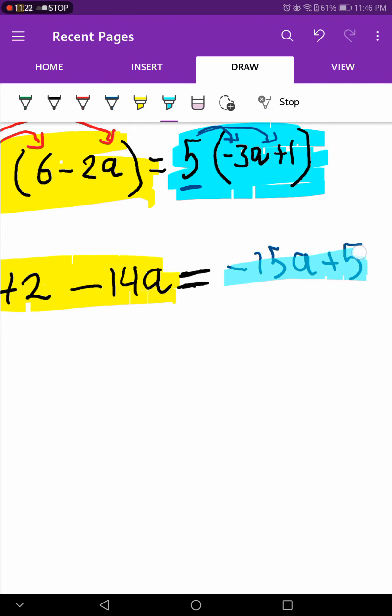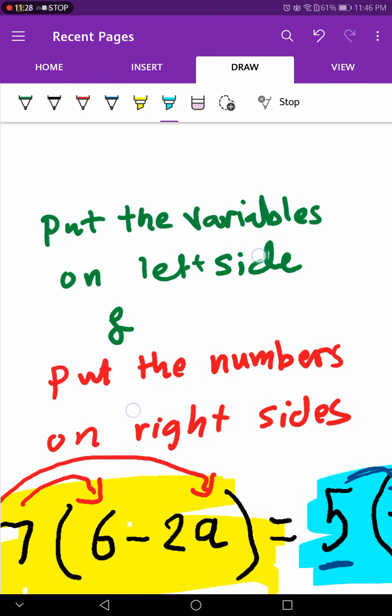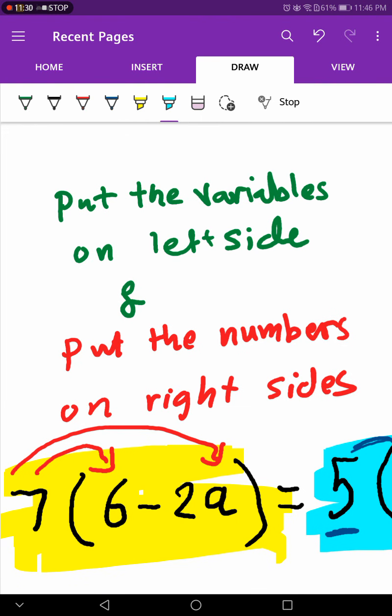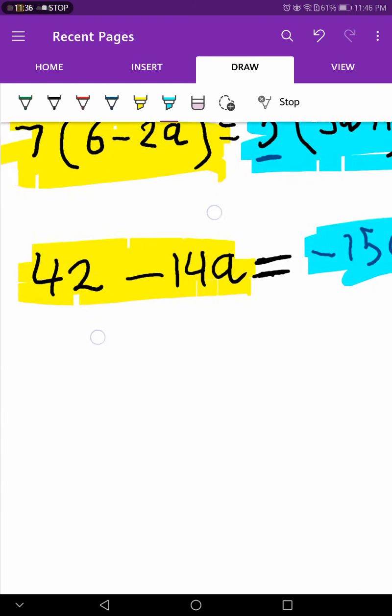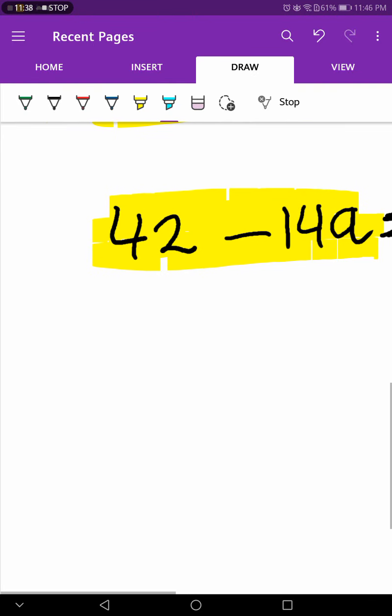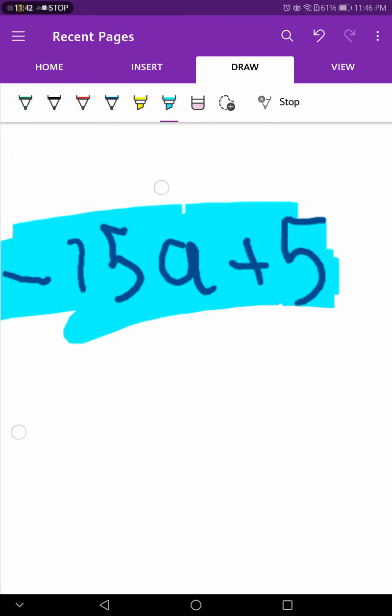Okay, great. Now what we have to do is go to the rule that says put all the variables on the left side and put all the numbers on the right side. That means I have to collect all the variables here and all the numbers must be here.